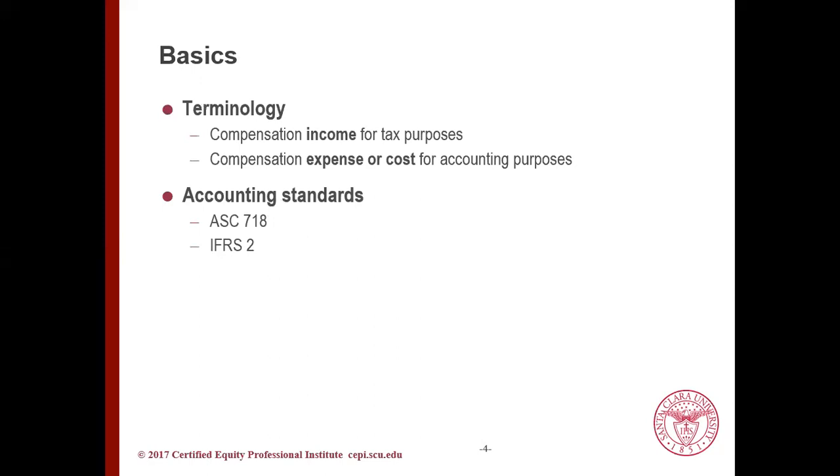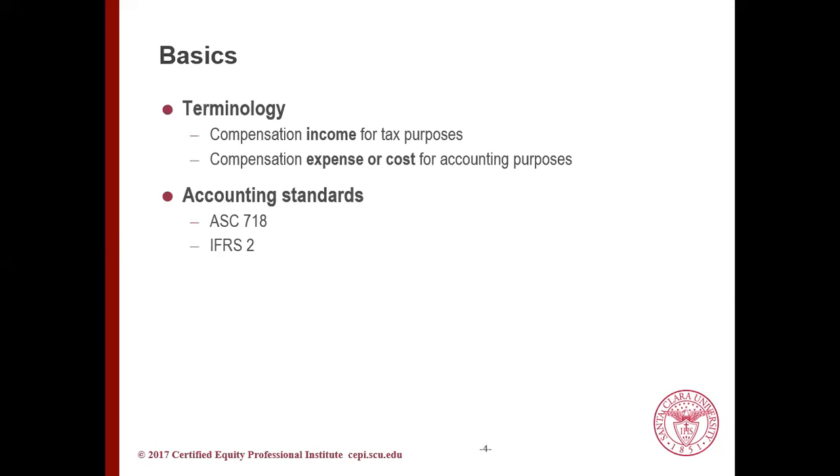With cash, it's easy. If I pay someone a salary of, say, $50,000, it's pretty easy to know what my cost is. It's going to be $50,000. But if I pay someone $5,000 or 5,000 shares of stock, or if I give them an option to purchase 5,000 shares, well, what's my cost for that? That's a lot harder to figure out.